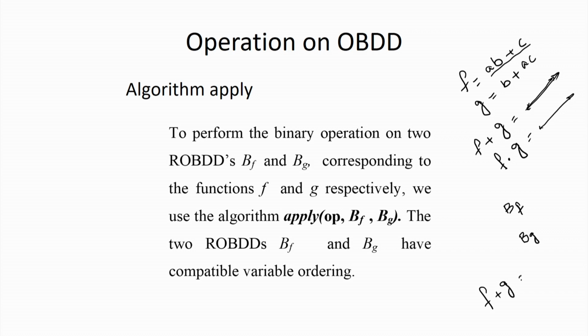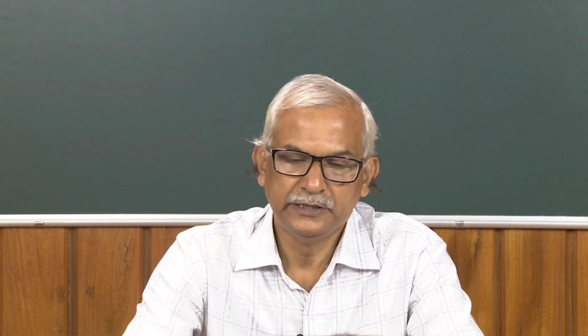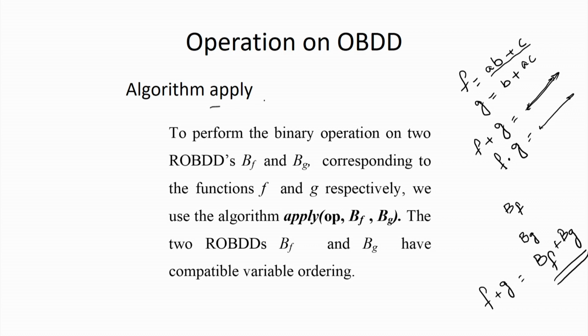That means, Bf plus Bg. Can you get the similar effect? Yes, we have a method for that, where we can perform the Boolean operation on BDDs, and this algorithm is known as apply.